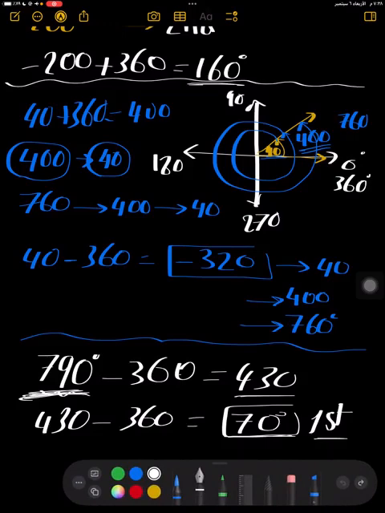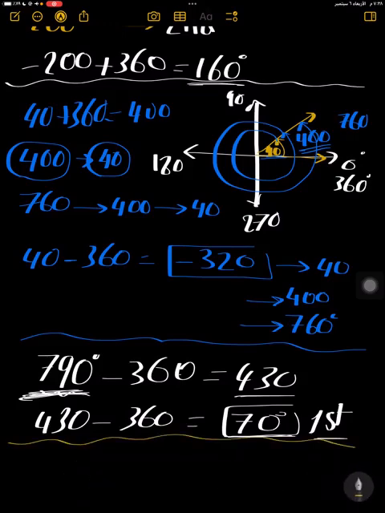Again, if we have angle of measure 1059, we want to know its terminal side lies in which quadrant. We make minus 360, still the number is more than 360.